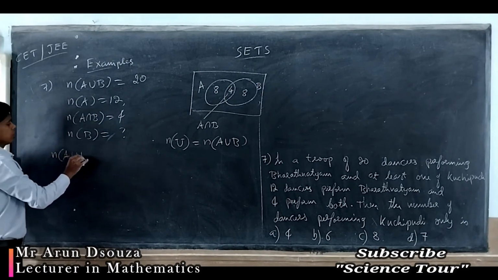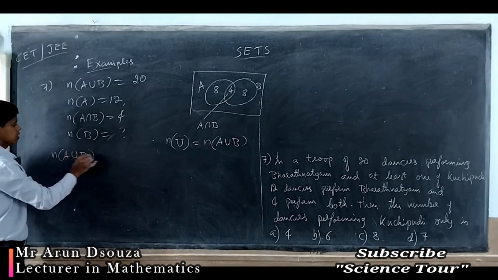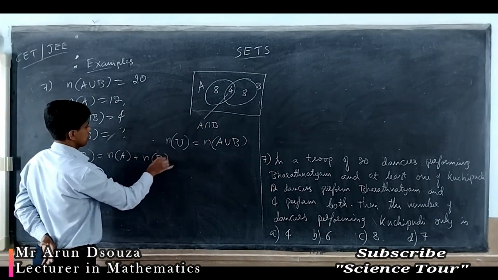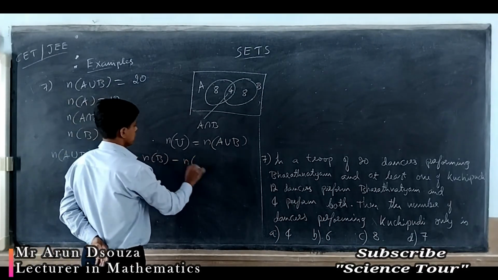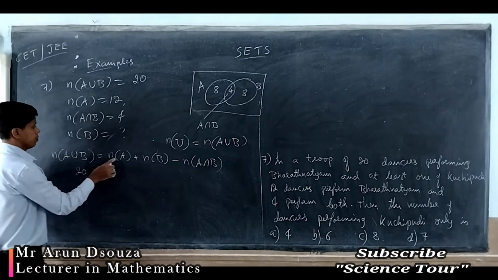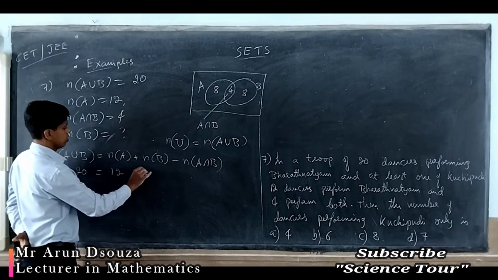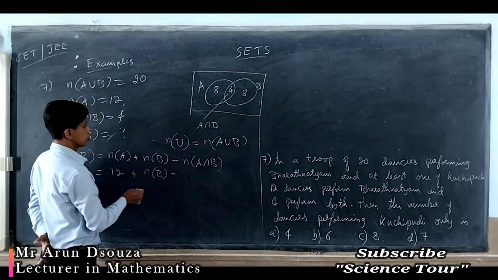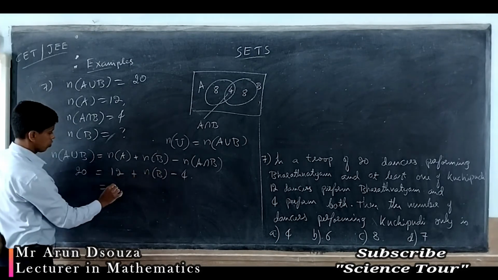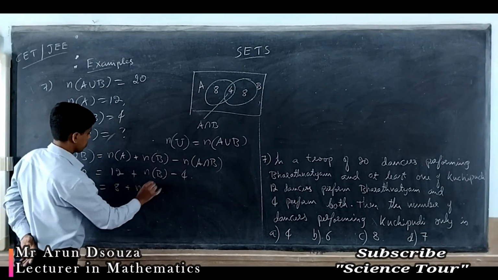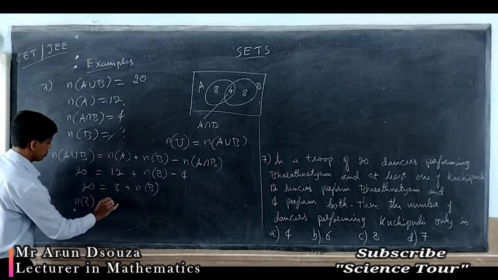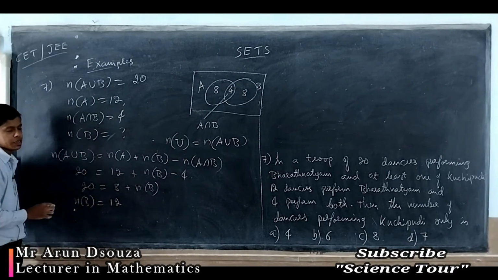So n of A union B is equal to n of A plus n of B minus n of A intersection B. This is 20, n of A is 12, n of B Kuchipudi we do not know. Intersection is 4, so this is like 12 minus 4, which is 8, and this is 20. So what is n of B? N of B is 20 minus 8, which is 12.